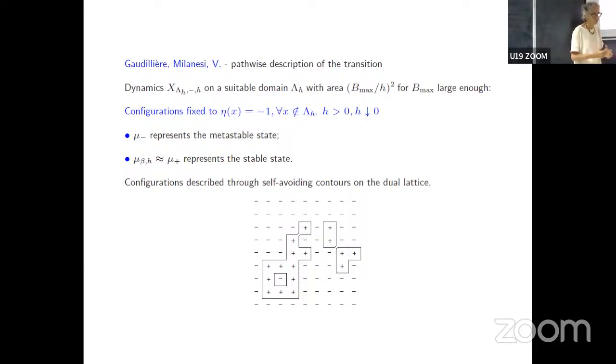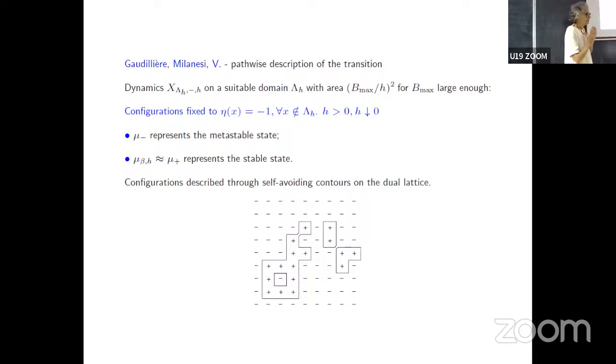There's a lot of good mathematics in that paper. There's a deep understanding of the process. So can we use all the machinery that we have worked out here and there in this setup?